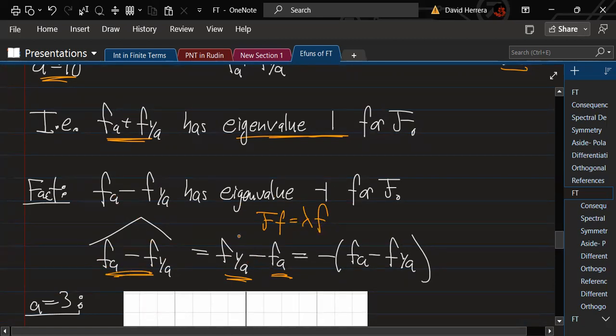This is not the same function, so you factor out the -1. And now you have fa, need a minus sign here because I factored it out, fa minus f of 1 over a with the negative sign, and that's the same function here. So this has eigenvalue lambda equals -1.